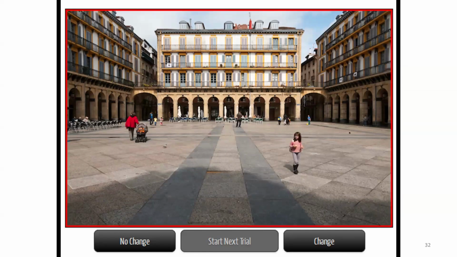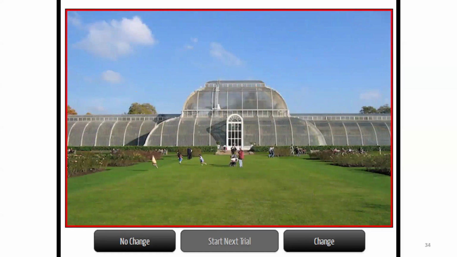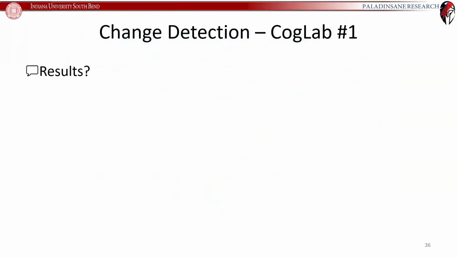This one automatically, you notice that the girl is disappearing from the environment. And then here we have flicker with, let's say, no change. And it is readily apparent that there is absolutely nothing changing between these two pictures. They are identical.